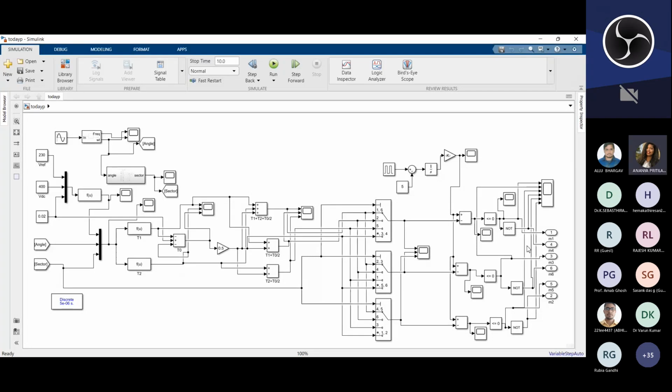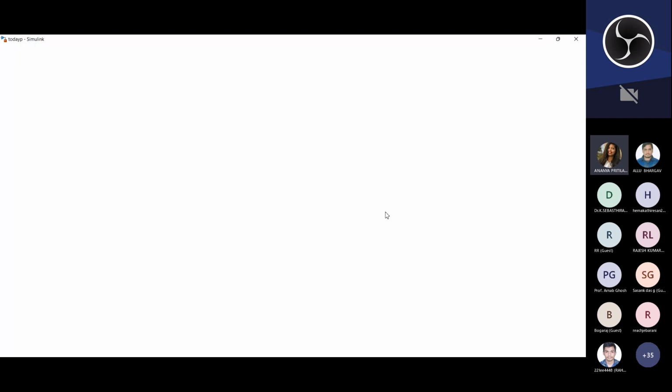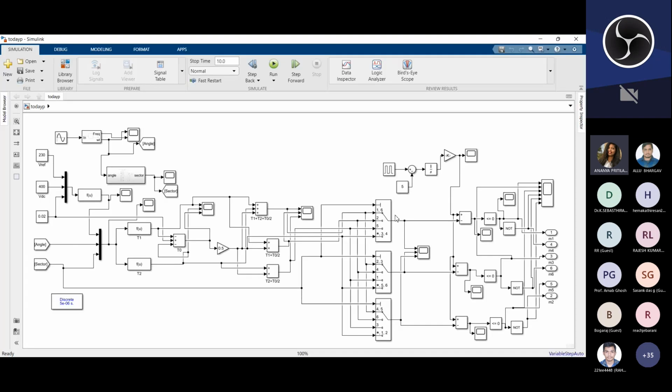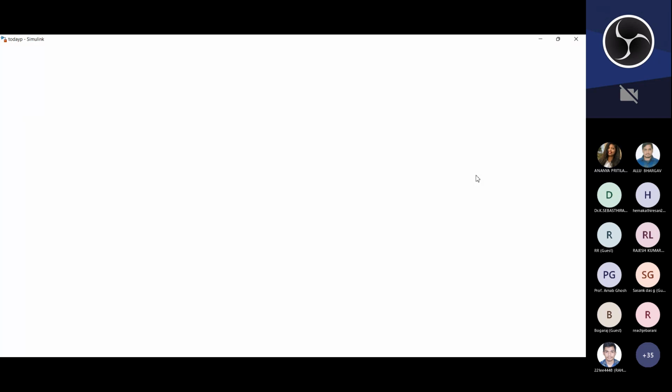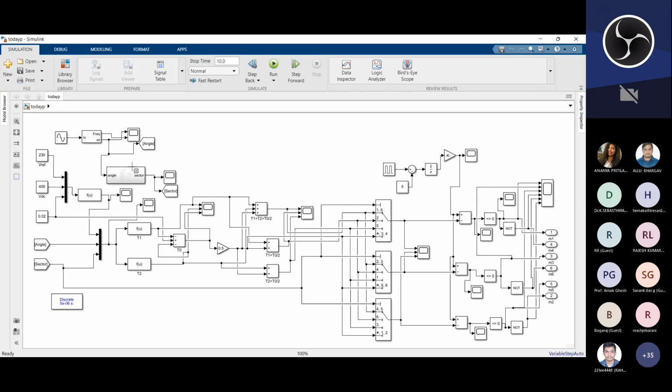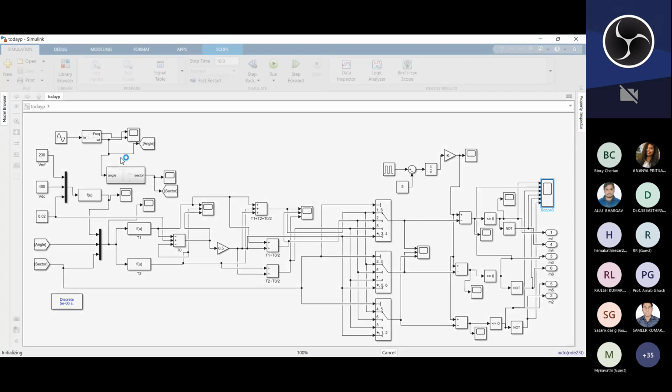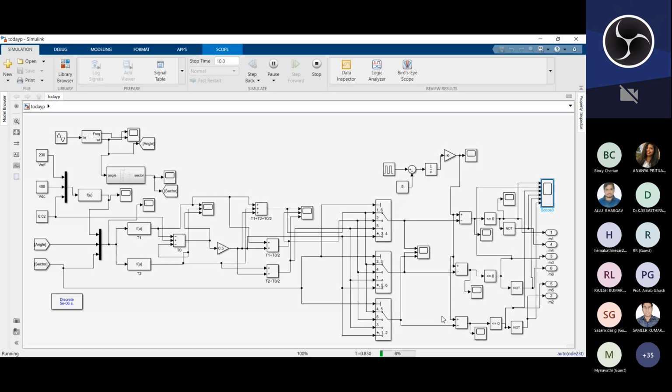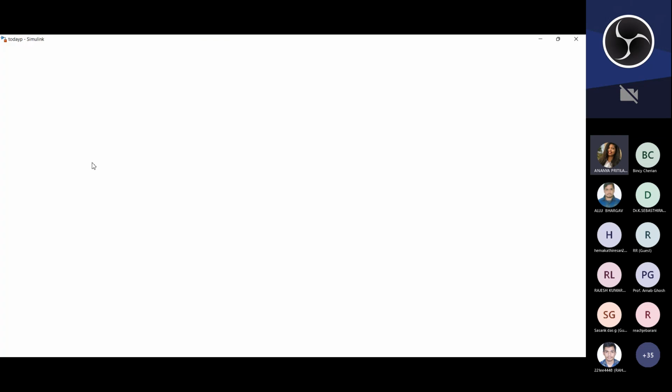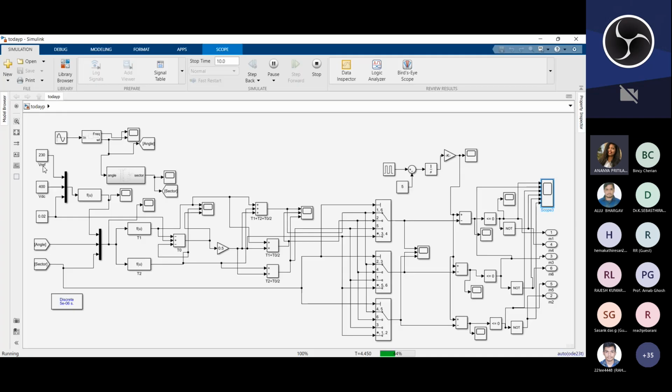Okay. So this is my MATLAB model for the SVPWM. Here, the reference I have taken is 230, VDC I have taken is 400, and this is the TS.